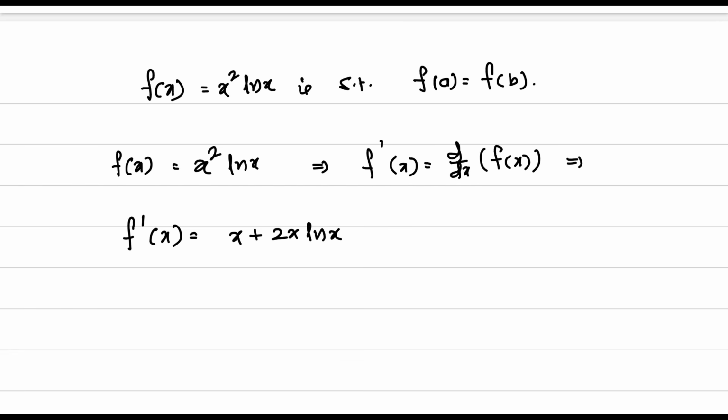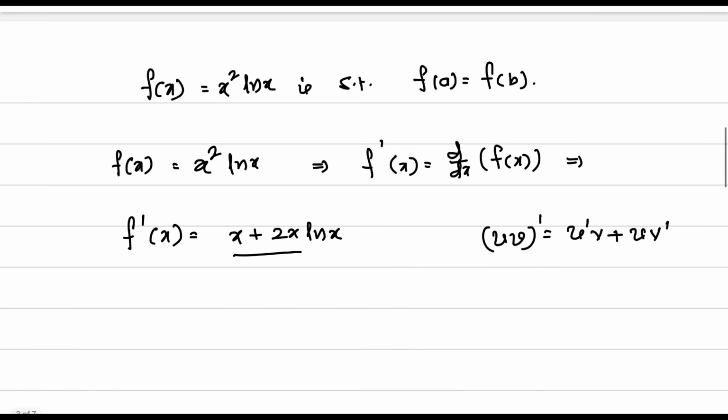UV dash is equal to U dash V plus UV dash. From this we have got this function dash x.